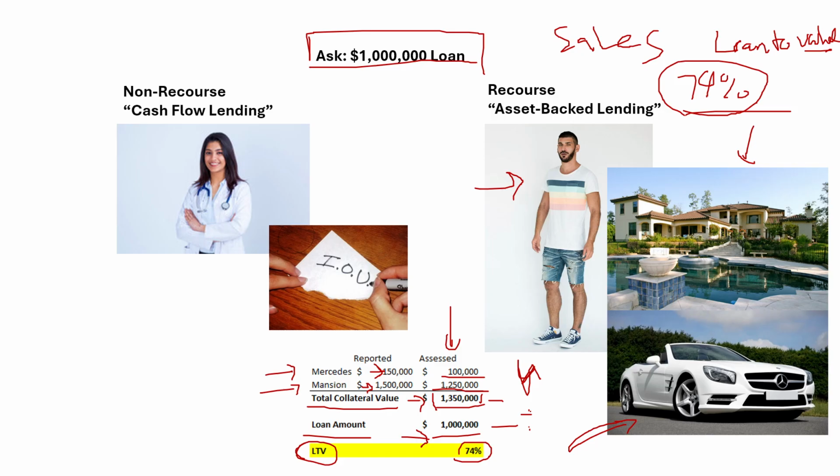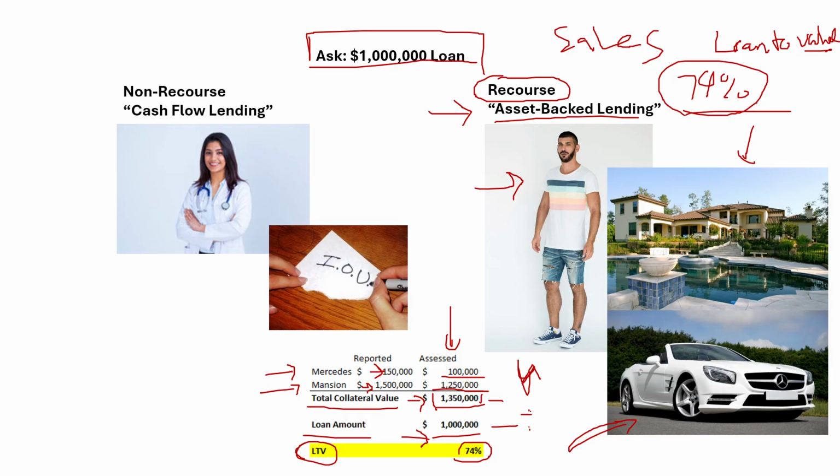And that's the idea of something called recourse lending. Recourse means that there is an action that we can take. There is collateral that exists and the action that we can take in order to exercise the security. That's called recourse lending, and it's also called asset-backed or asset-based lending.